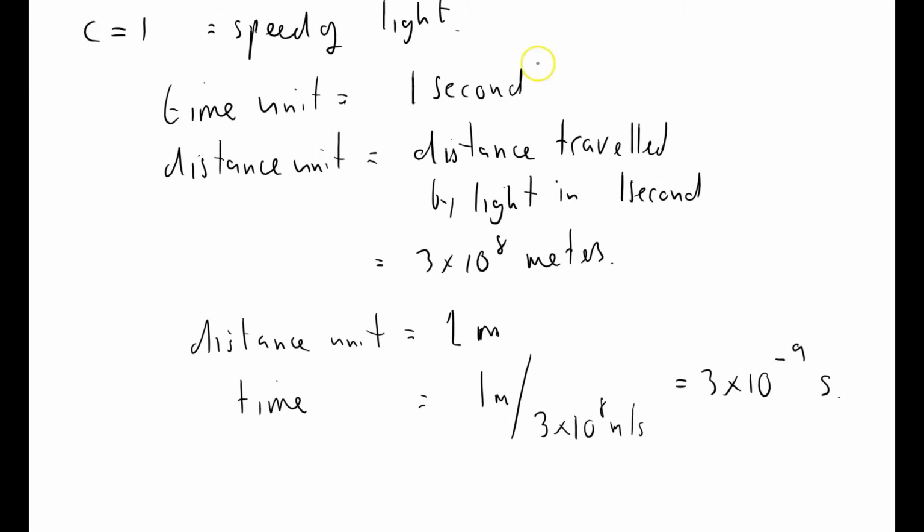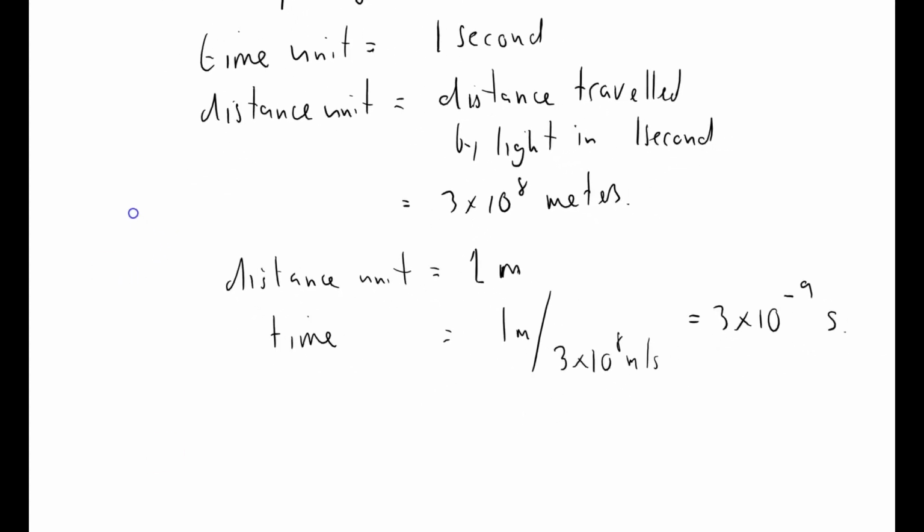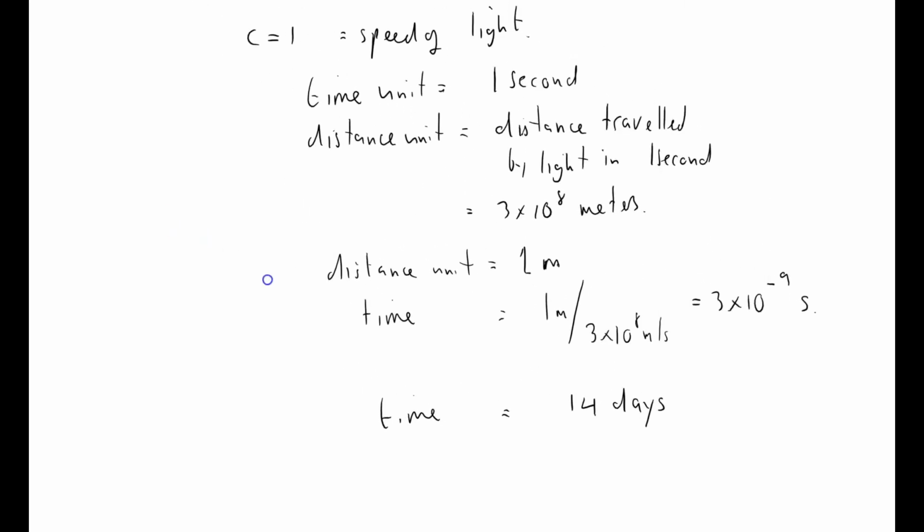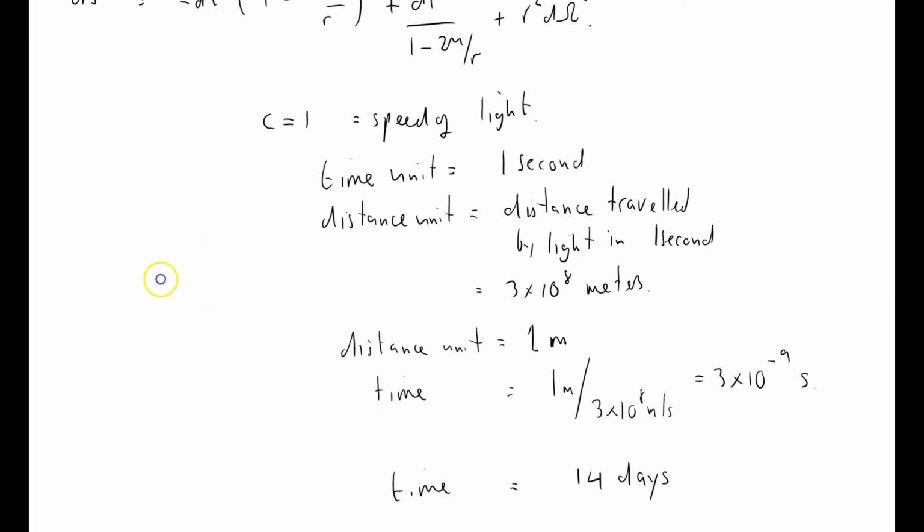And of course, if our unit of time is 1 second, then the distance that light can travel in that time is enormous. It's 3 times 10 to the 8 meters, a huge distance by our terrestrial standards. So I can choose the time unit to be anything. I can say the time unit equals 14 days if I want, and that will give me a unit of distance. I can choose these things to be what I like, and the speed of light is still equal to 1.